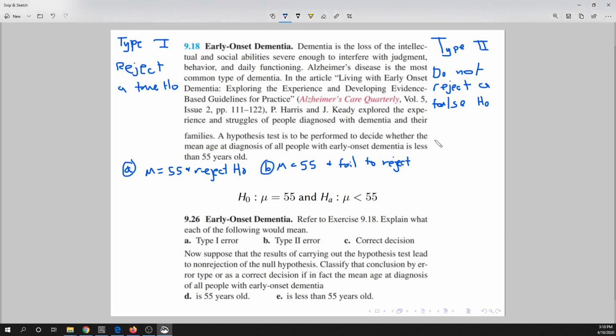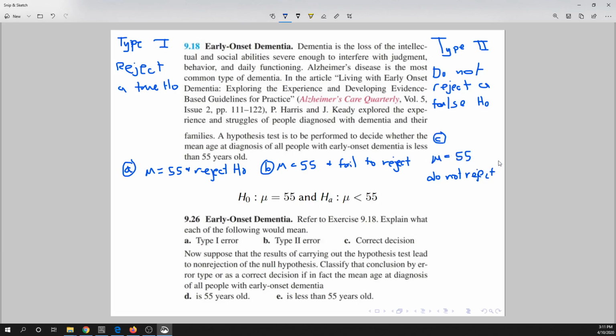A correct decision is the next one, part C. They want to know what a correct decision would look like. And again, there are two types. The first correct decision is when our null hypothesis is true. We run through the hypothesis test, and the result is that we do not reject. That's correct because we want the truth.